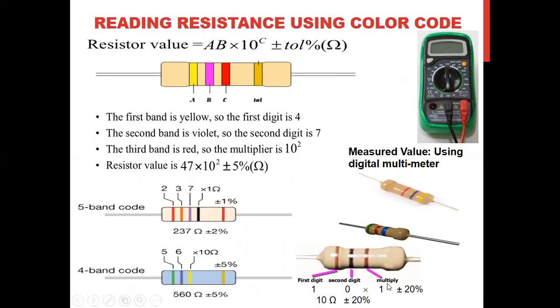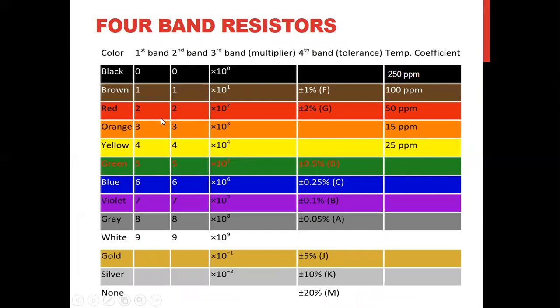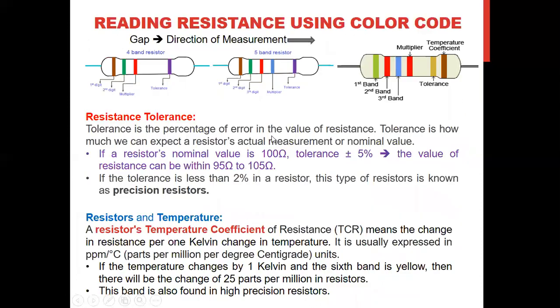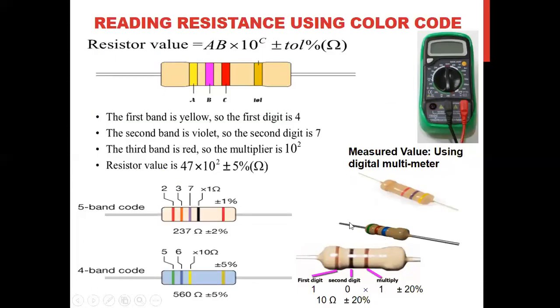Here the multiplier is 1, 10 to the power 1. Brown means 1, so 10 to the power 1 multiplier. And black is 0. So 10, plus minus 20%.